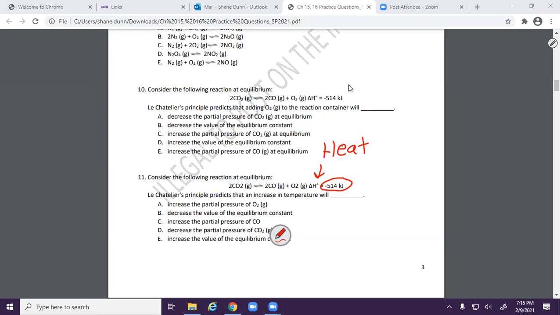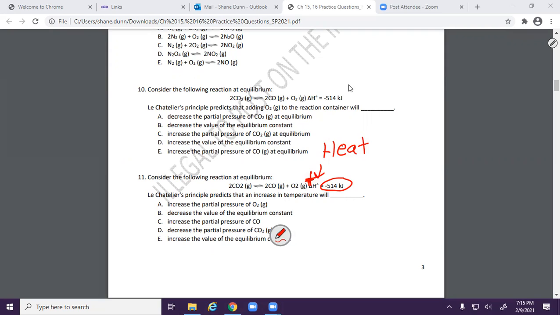Heat is being released. If heat is being released, where does it go? Products or reactant side? Product side. So it's going to be part of the product side. If you're given delta H, write down that it's part of that side. If it's negative, it's part of the product side. If it's positive, part of the reactant side. And we treat it as a variable now.